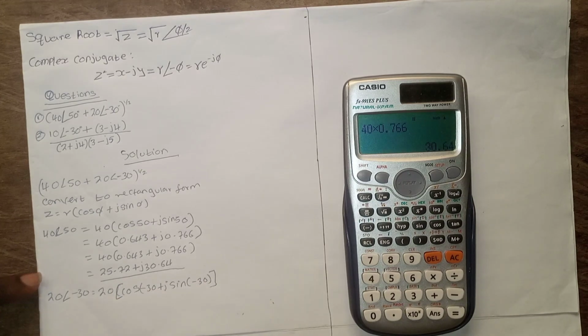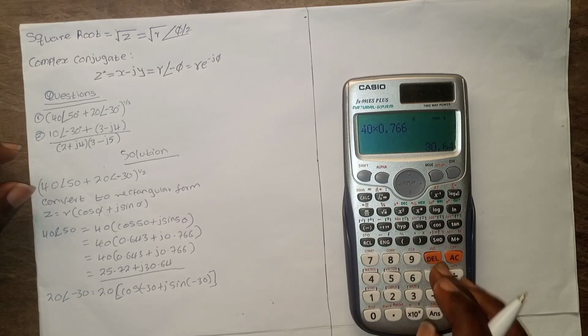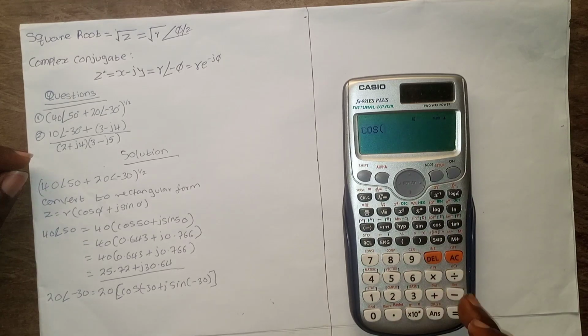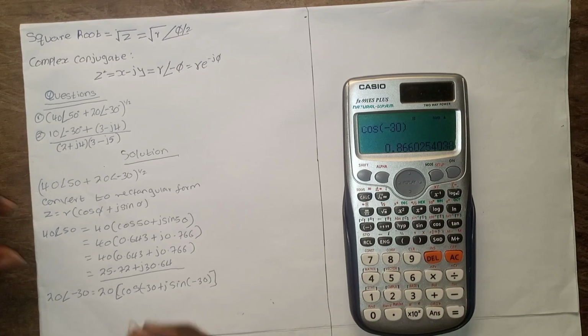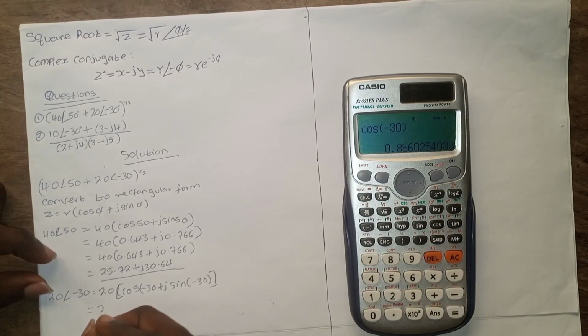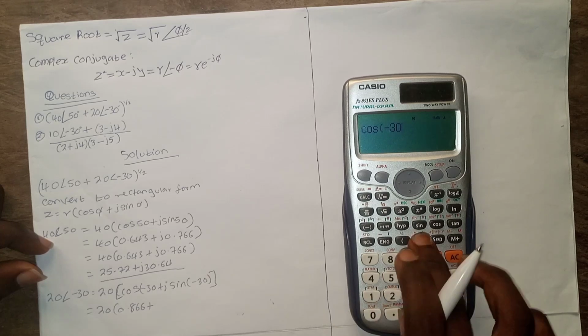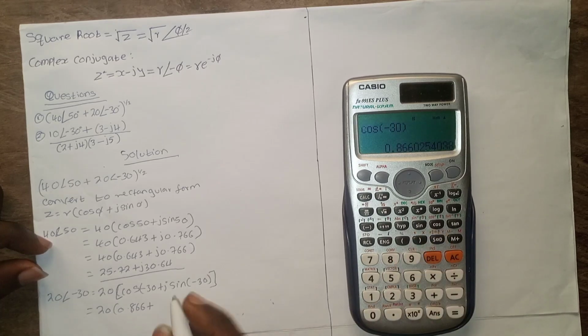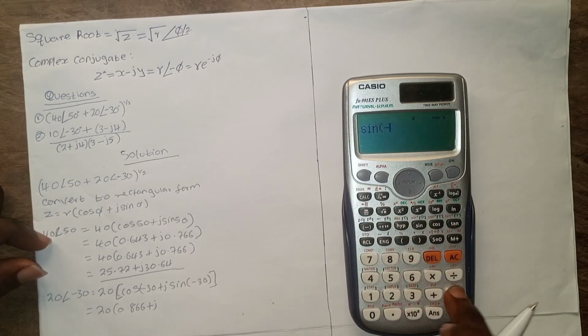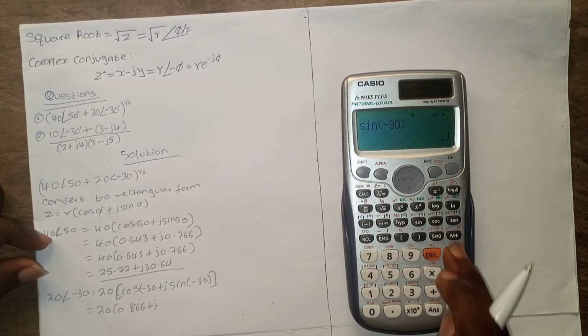Cos minus 30 is 0.866. Then the next one, sine minus 30, sorry, that's minus 0.5.